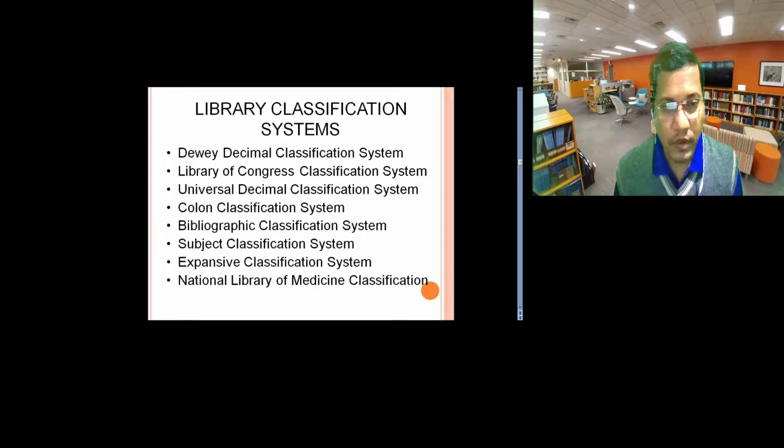The Colon classification system, which is very much indigenous, that means it is of Indian origin. And the bibliographic classification system, subject classification system, expansive classification system, National Library of Medicine classification system, and much more. There are lots of library classification systems.